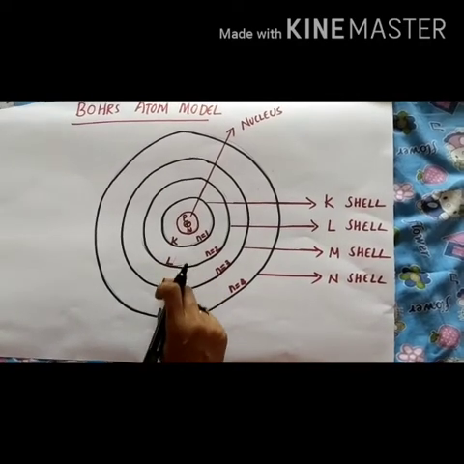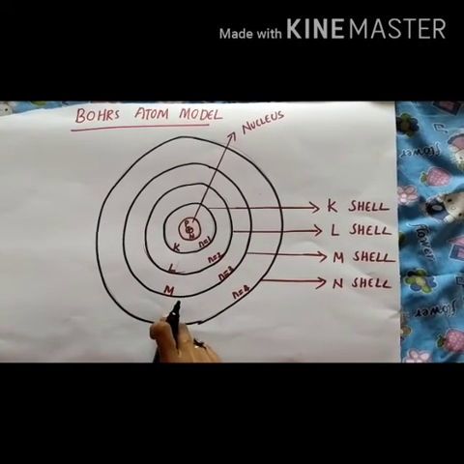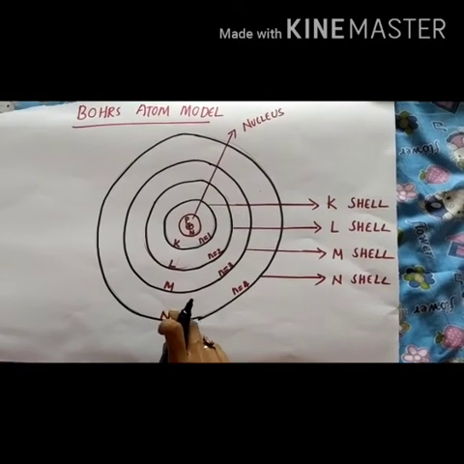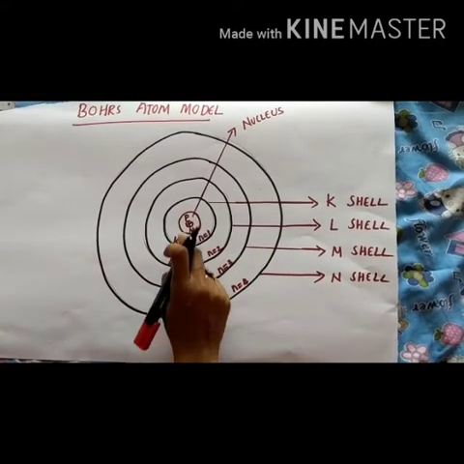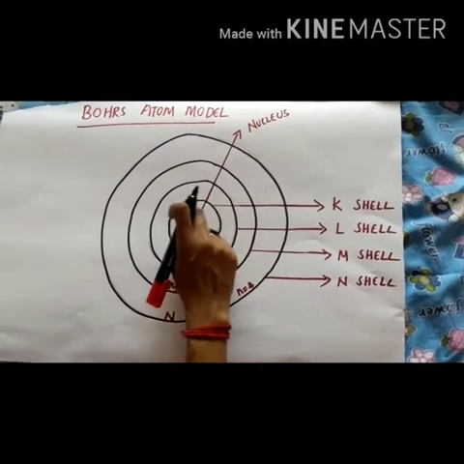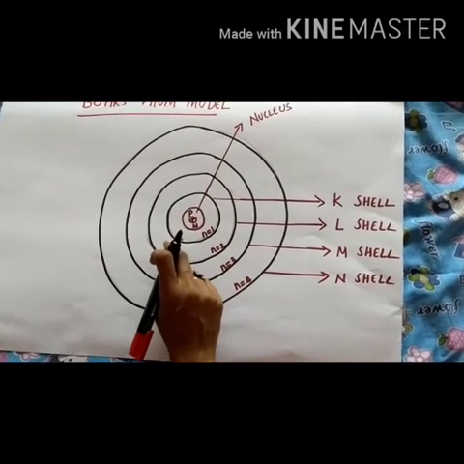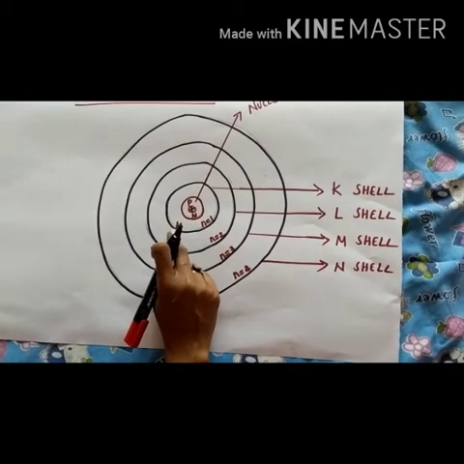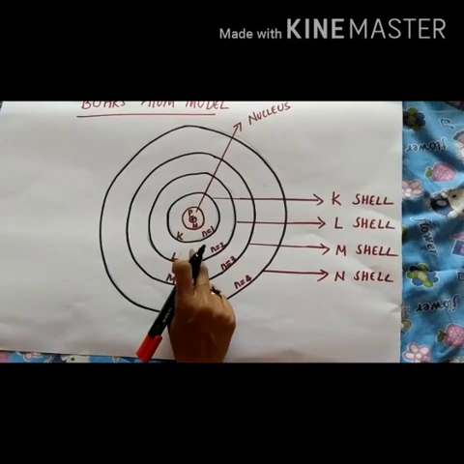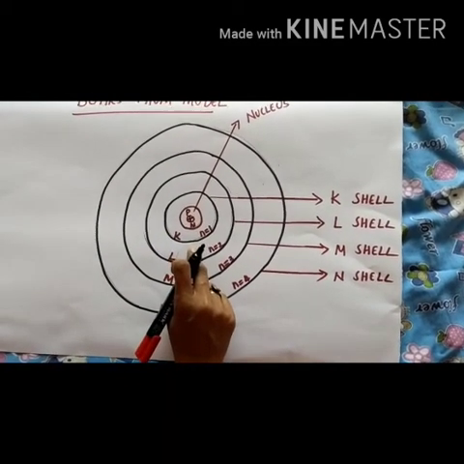Hence, these shells are called energy levels. Third point: as long as electrons revolve in a particular orbit, its energy remains constant, which means it does not lose or gain energy when present in an orbit or shell.